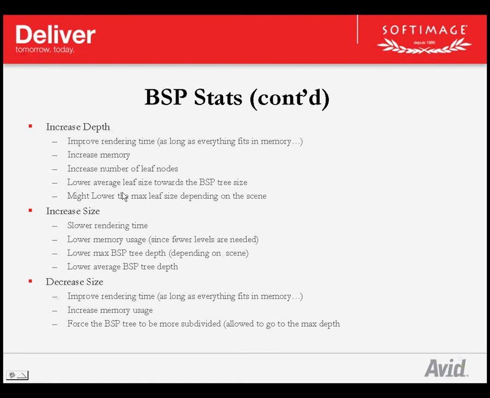So the depth will subdivide even deeper, and every time you add a level of depth inside the tree, it requires more memory. This is something to remember: every time you increase the depth by 1, let's say for example you have 400 leaf nodes, and each of these leaf nodes contains 50 triangles.